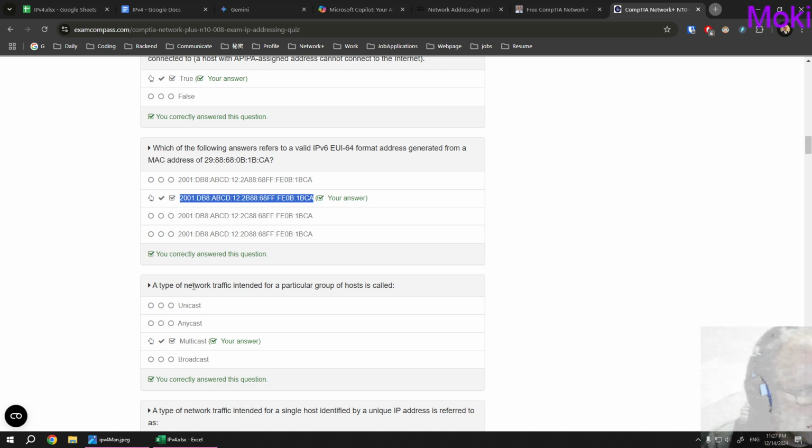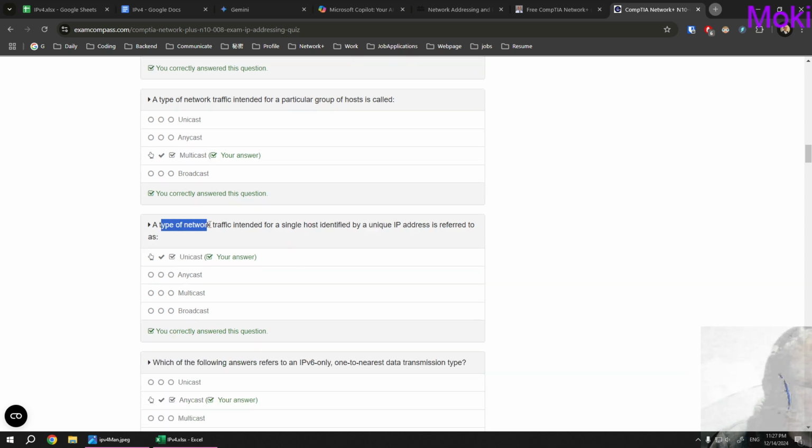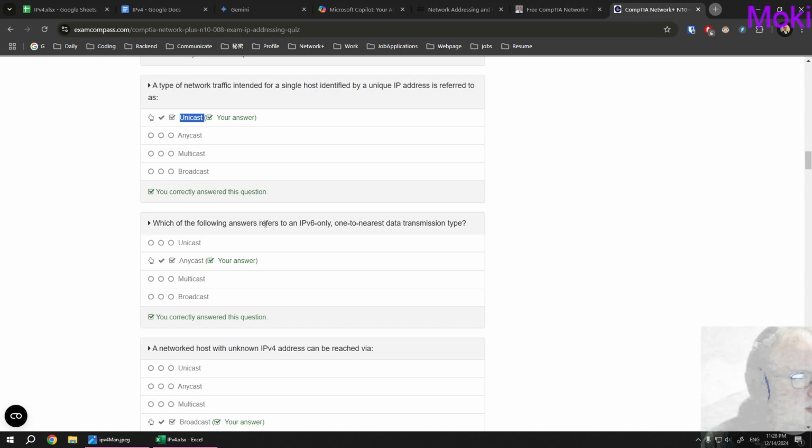A type of network traffic intended for a particular group of hosts is called multicast. A type of network traffic intended for a single host identified by a unique IP address is referred to as unicast. Anycast is an IPv6 only one-to-nearest data transmission type.